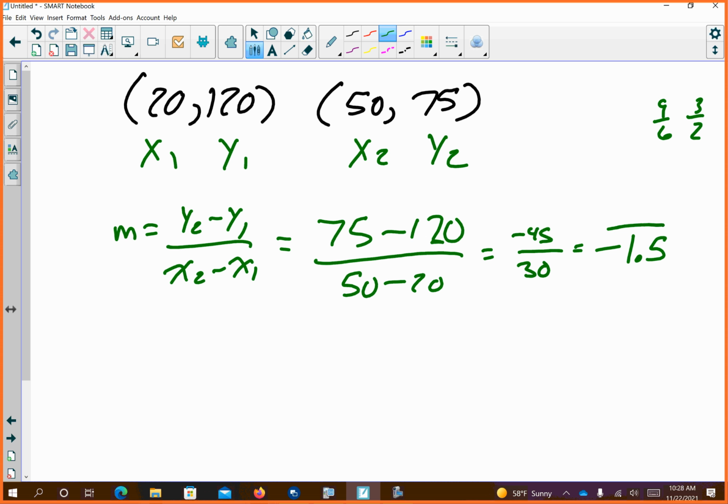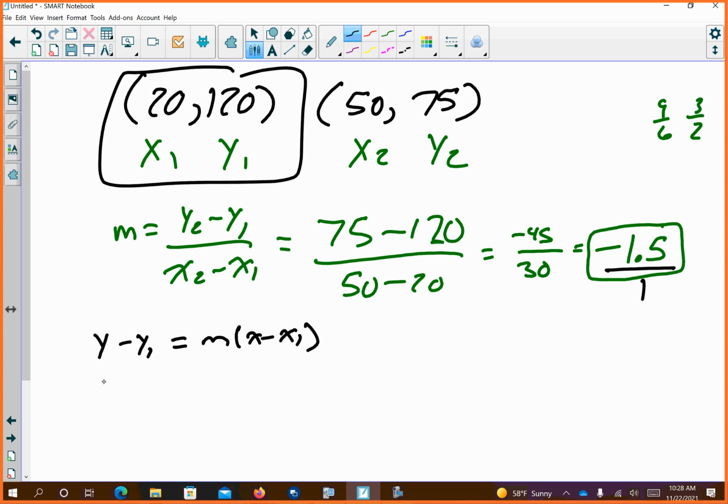Okay, and again, I think sometimes it's easier to define what the slope means if you put it as a decimal. It's not always, but as far as these go, I know I can put that over 1. So let's find our line of best fit equation. So we're going to use this first, being I already used x1, y1, times x minus 20.